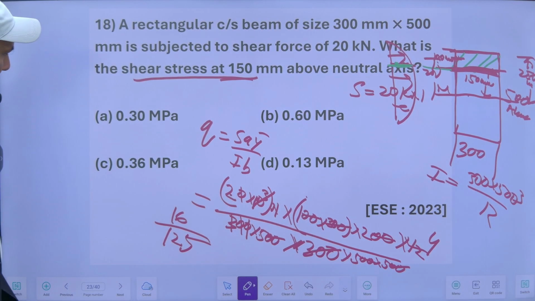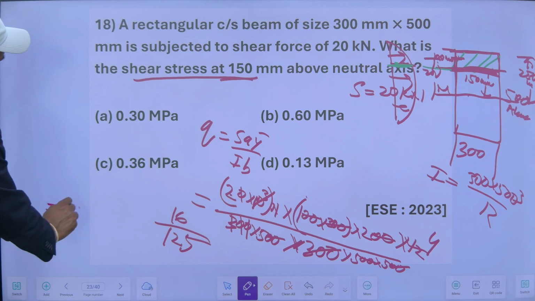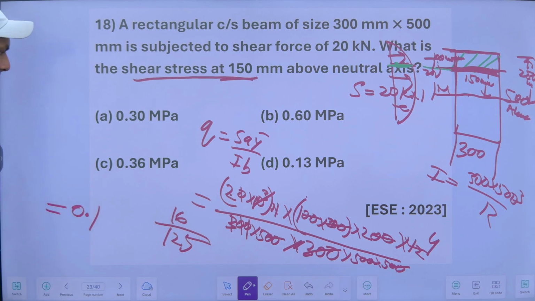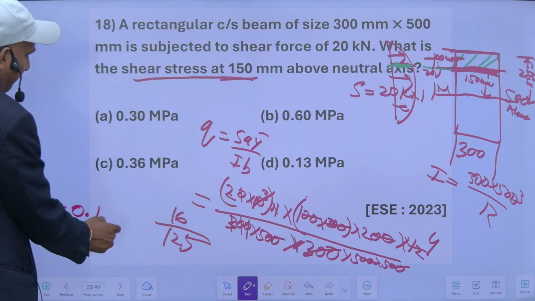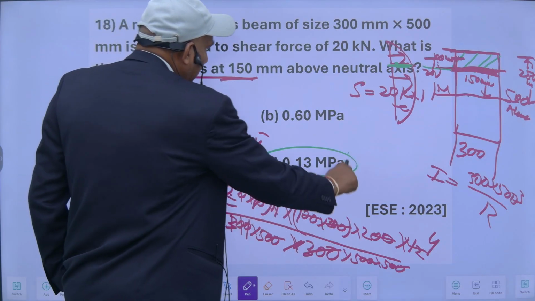So 16 upon 125 will be 0.1, approximately 3. So this one is the right option.